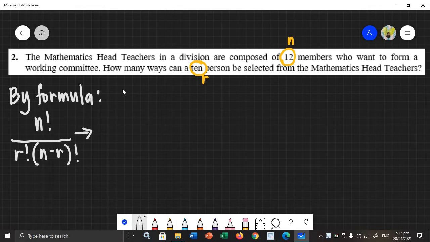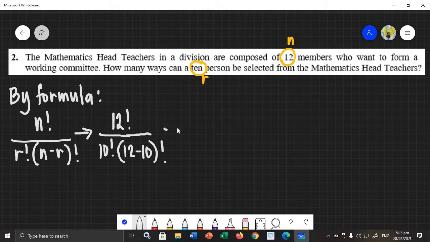So, by using the formula, let us substitute the given. So, we have 12 factorial all over 10 factorial times quantity 12 minus 10 factorial. Then we have 12 factorial all over 10 factorial, and 12 minus 10 is 2 factorial.